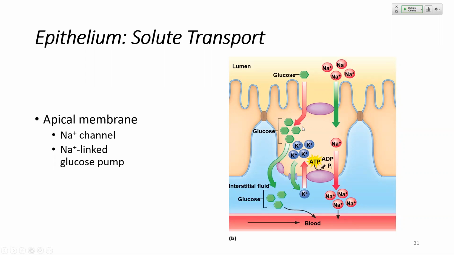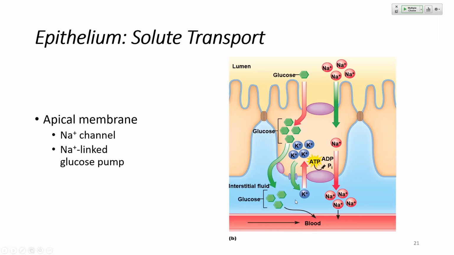What type of transport is that? Active or passive? The movement of glucose across the basolateral membrane. Well, the green arrows is kind of a giveaway, right? It's going to be a passive mechanism because there's more glucose in the cell and less glucose outside in the blood.